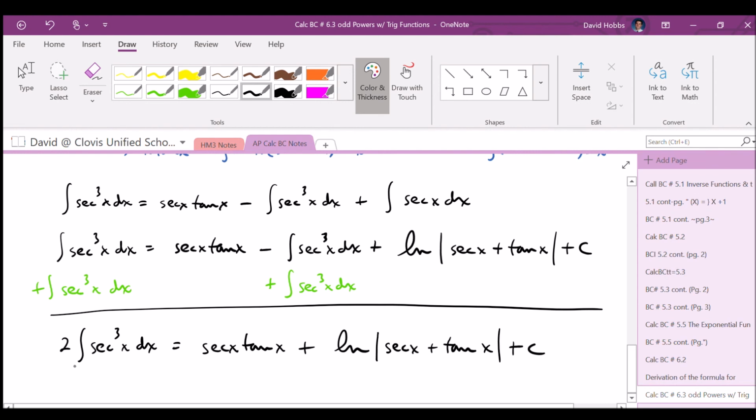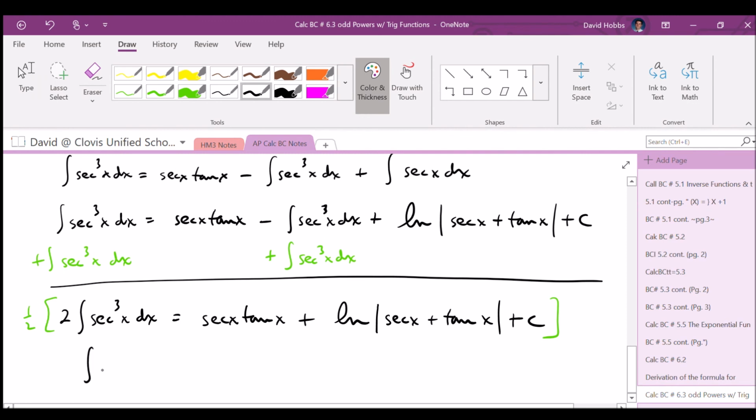So how do I finish solving? Well, all I have to do is multiply the whole thing by 1/2, or divide by 2. So if I multiply by 1/2, we get the integral of secant cubed x dx is equal to 1/2 secant x tan x plus 1/2 natural log absolute value secant x plus tan x plus, what's 1/2 times a constant?